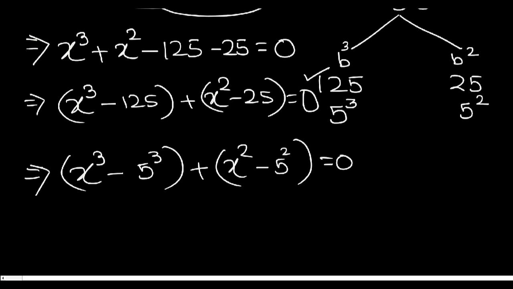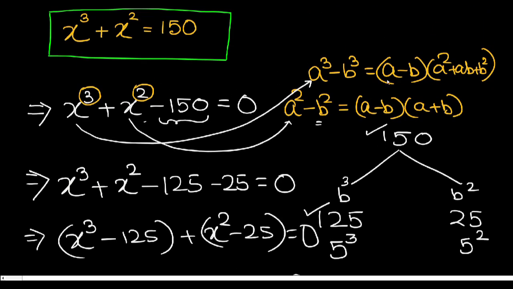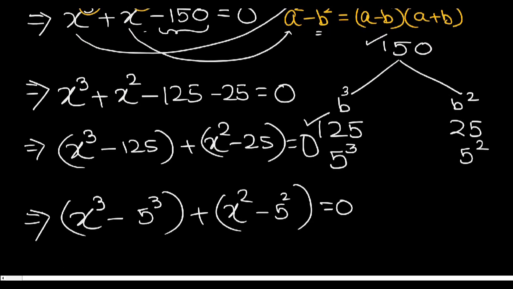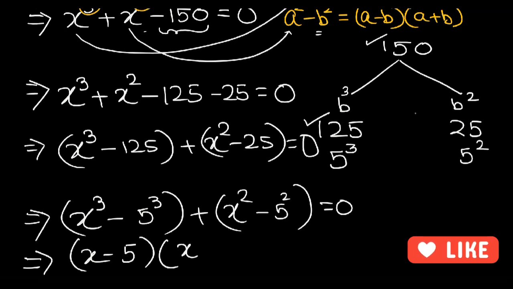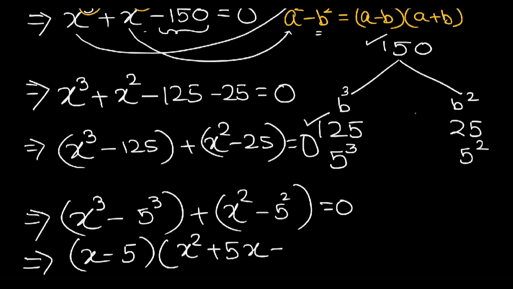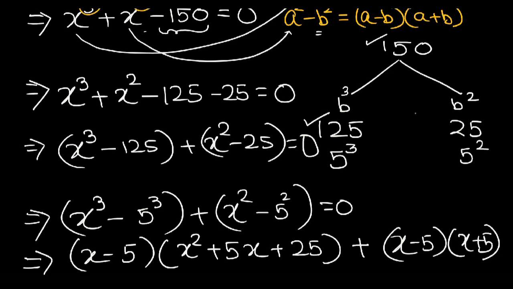Now we can apply the formula a cube minus b cube, that is a minus b whole multiply with a square plus ab plus b square here, and we can write this as a minus b multiply with a square, that is x square plus ab, that is 5 into x plus b square, that is 5 square is 25, plus likewise x square minus 5 square, we can write it as x minus 5 multiply with x plus 5 is equal to 0.